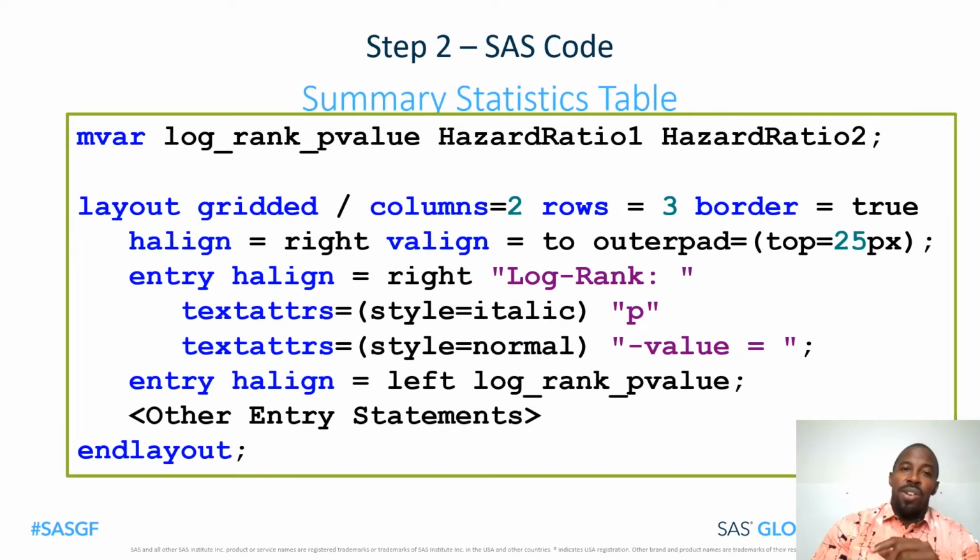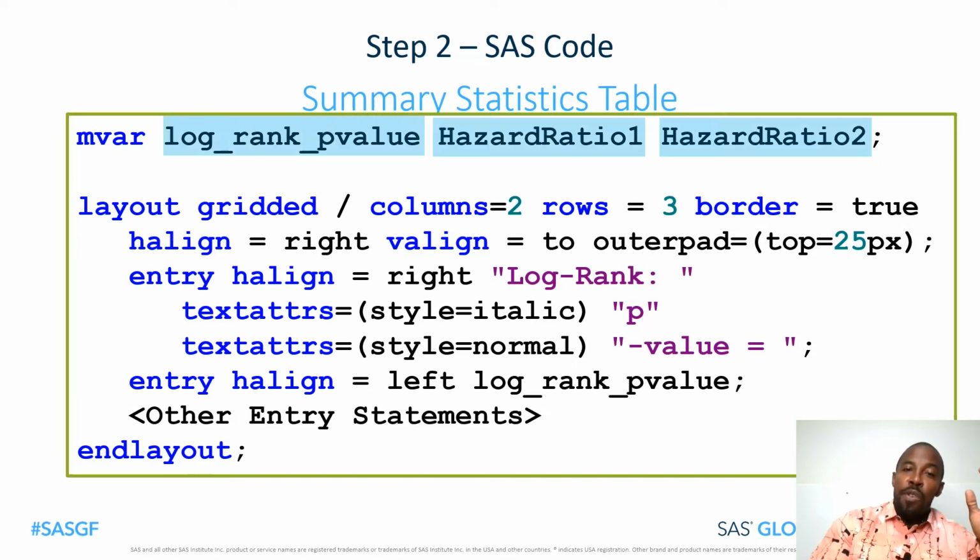Recall, we created 3 macro variables beforehand, and those macro variables contained the values of the log-rank p-value, the hazard ratio of the high dose versus the placebo, and the hazard ratio of the low dose versus the placebo. The mvar statements generate character tokens from the macro variables.